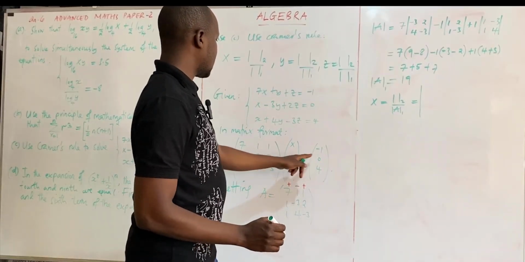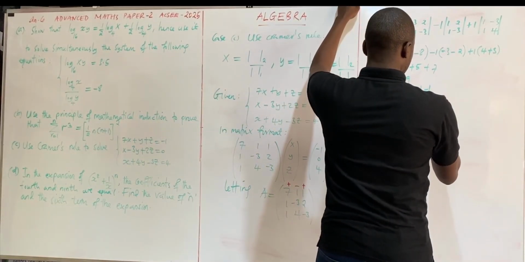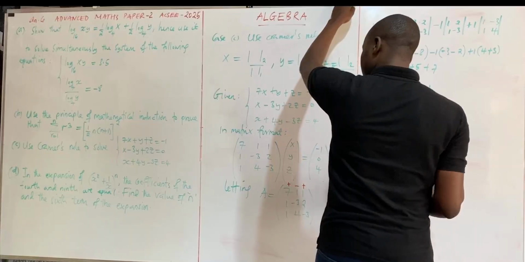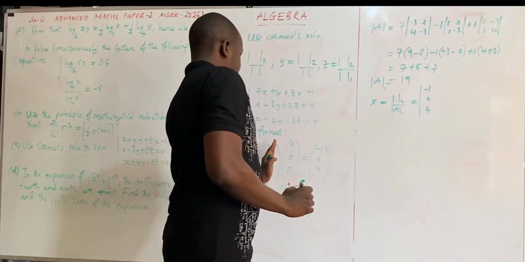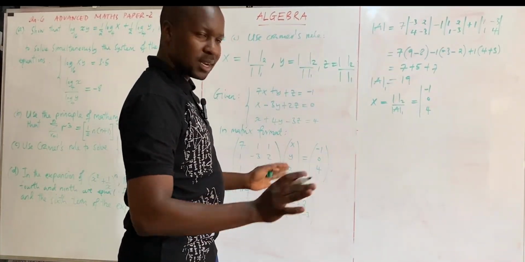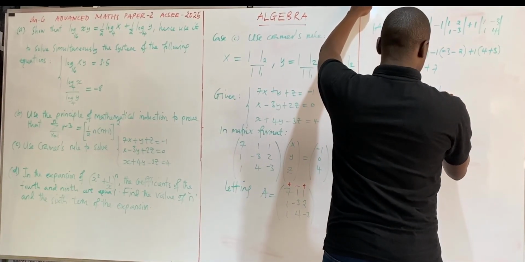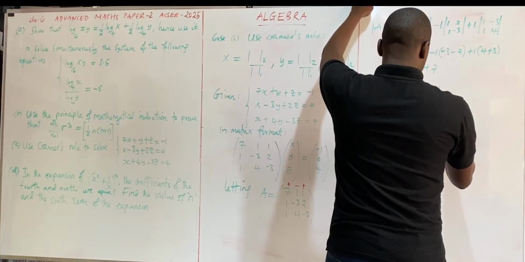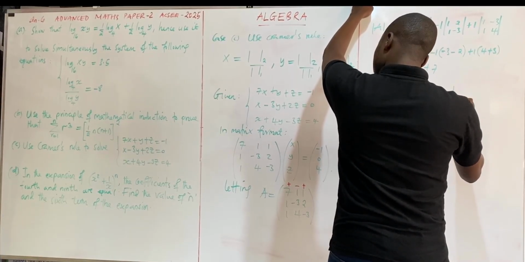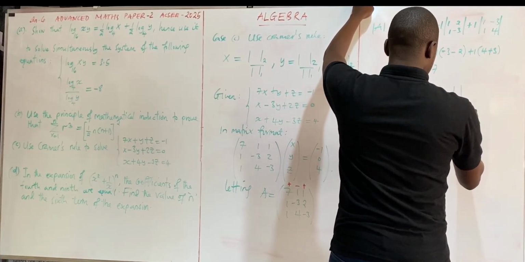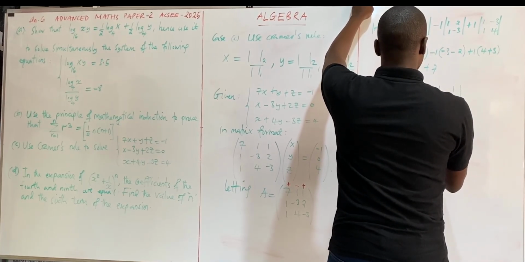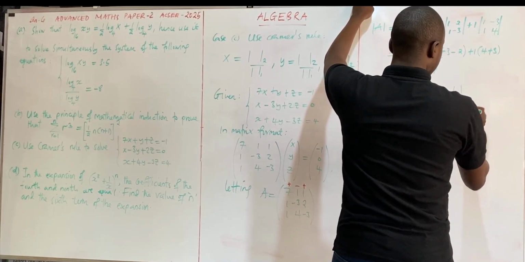So here we plug -1, 0, 4. Then the other coefficients for y and z, we just place them as they are: 1, -3, 4, 1, 2, and -3. Now we divide by that determinant 1, which was 19.